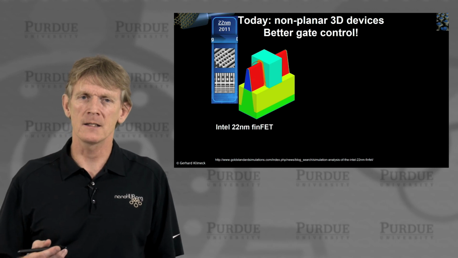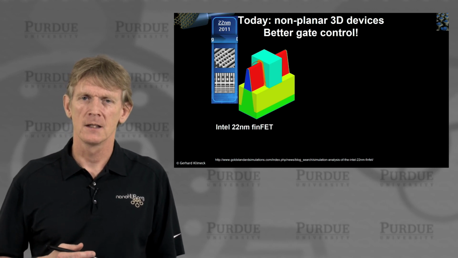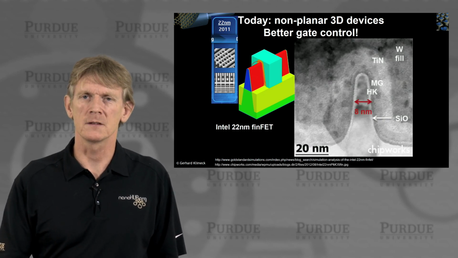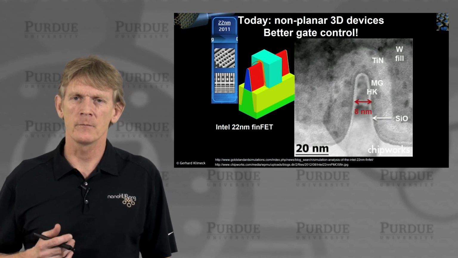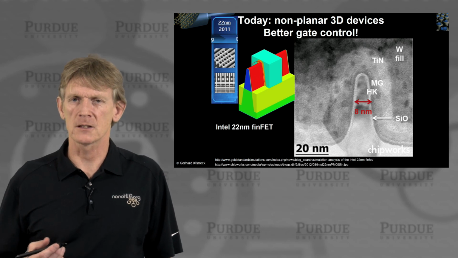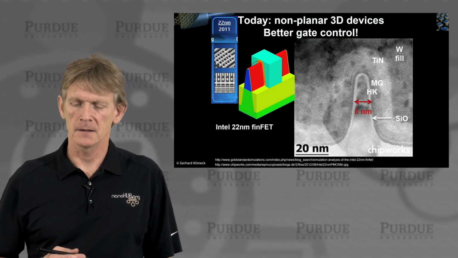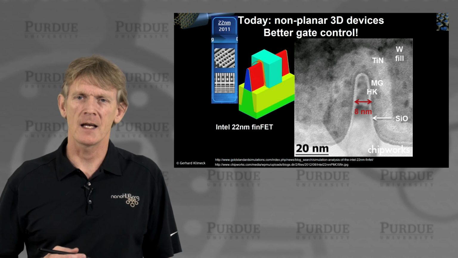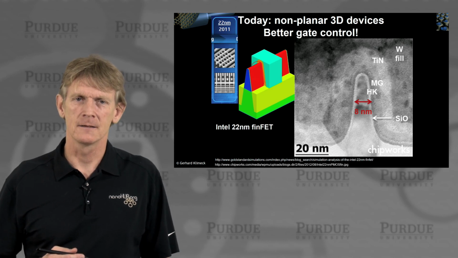But what I'd like to highlight here as a challenge for the future is this blue cross-section, in a little bit more detail. Here is an SEM of such a cross-section, and this fin is 8 nanometers thin.